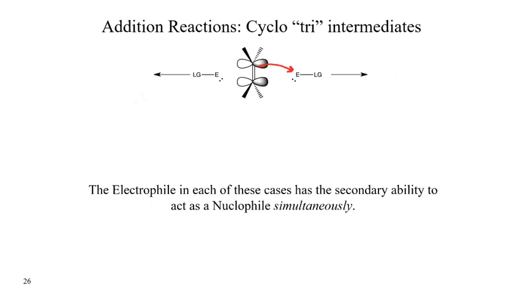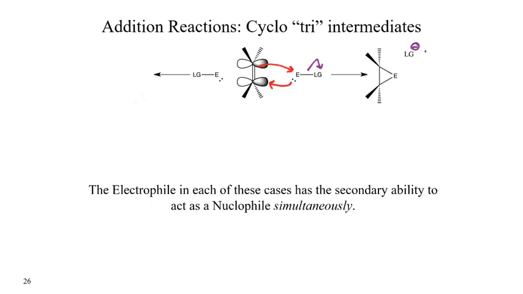Because this was the tri-intermediate, we know that electrophile has electrons and can immediately react back. As it does so, the leaving group will leave because now that electrophile has exceeded the amount of bonds it can have. So the electrophile gets booted from the structure, and we would end up with this intermediate, with our leaving group very likely as a partial or formal negative charge.